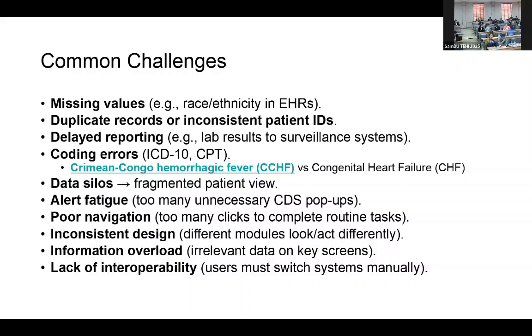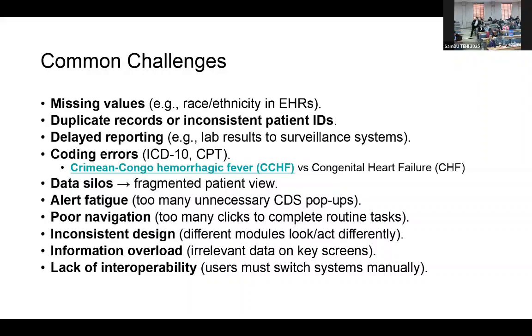And coding errors. I'll give you one example. I used to work at the US CDC, the Centers for Disease Control and Prevention, a government agency. At one point, the CDC found reports of Crimean-Congo hemorrhagic fever, a disease that's highly contagious and problematic.